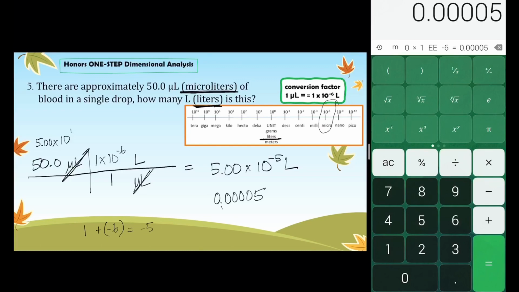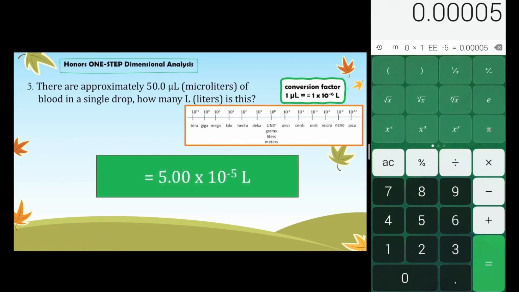So we're going to go 1, 2, 3, 4, 5 places to the right. Since we're going right, remember, we have a negative exponent. And we have 3 significant digits in our final answer because we had 3 significant digits in our given value.